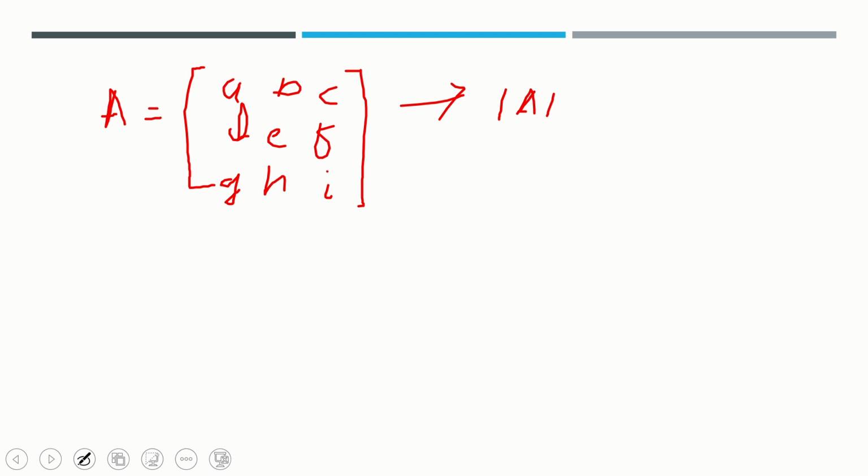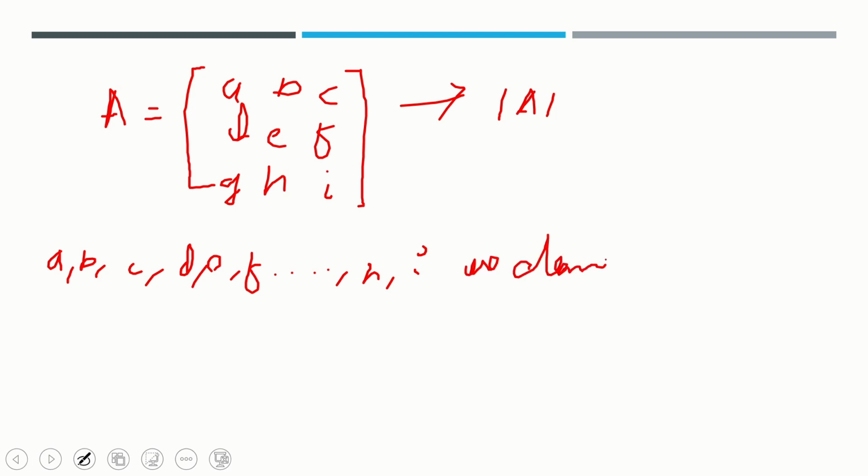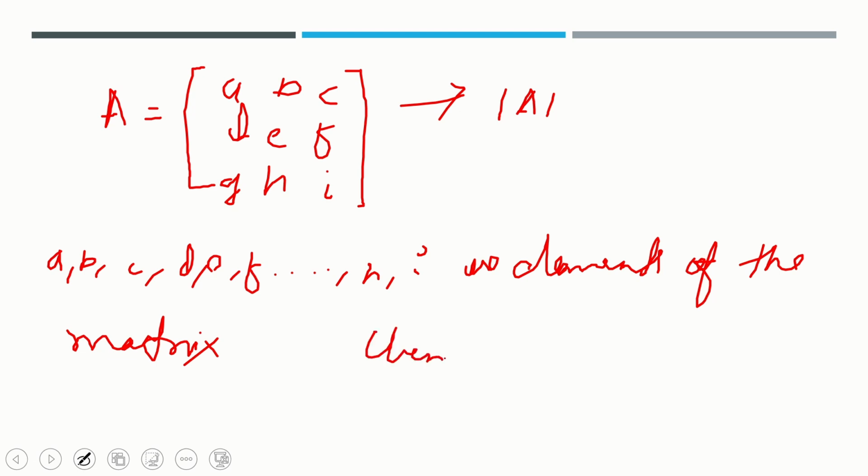So here what we know is that A, B, C, D, E, F, and so on, H, I are the elements of the matrix. Okay, these A to I are the elements of the matrix. So what do you mean by element addition?